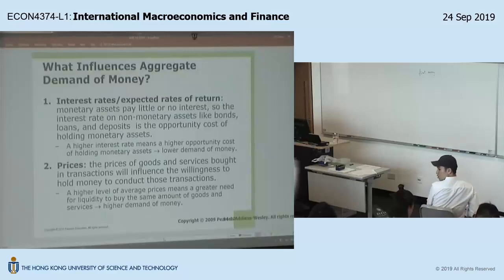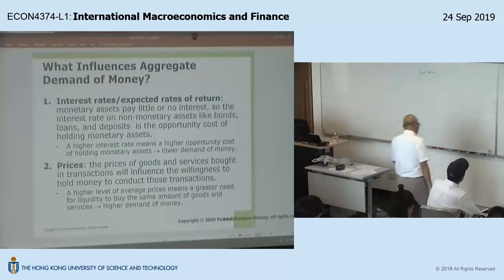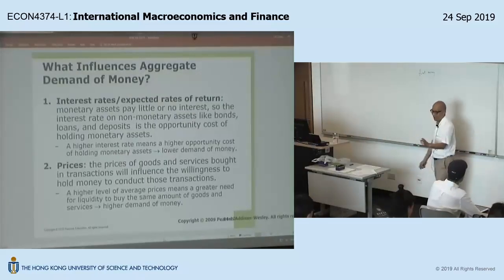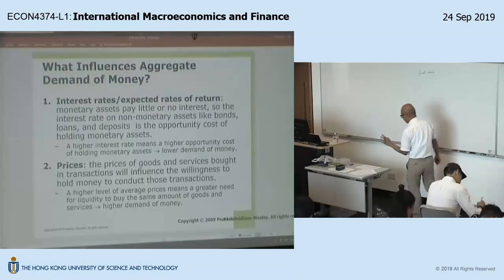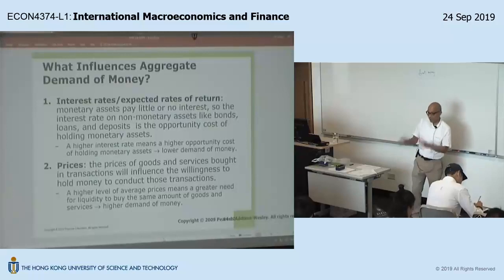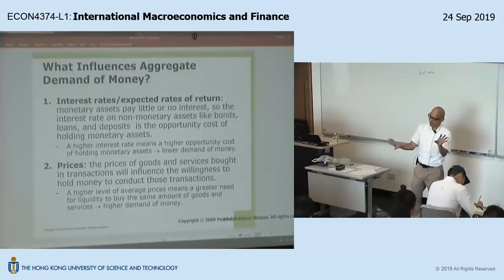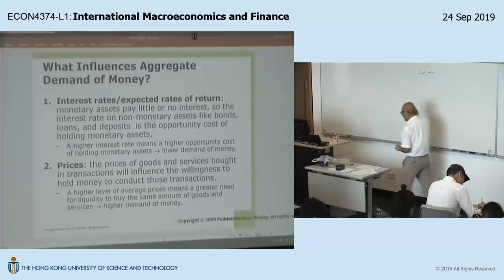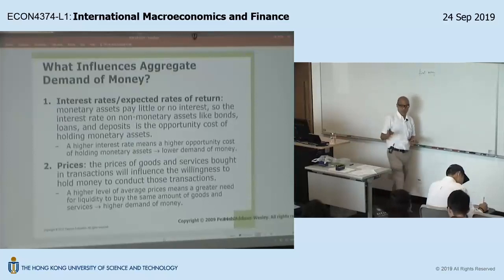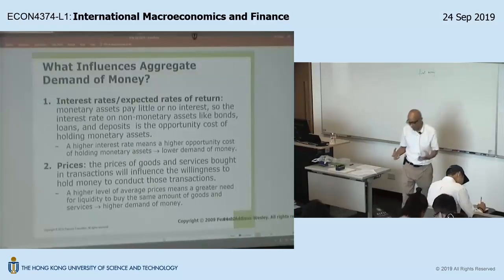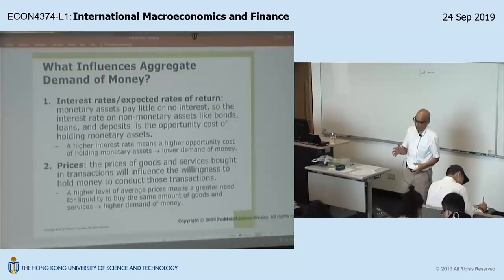Exactly, that's exactly right. So when you think about how much money you want to save, that is the real interest rate. So these are two different types of decisions. Roughly speaking, when you decide how much money you want to save, you look at the real interest rate.